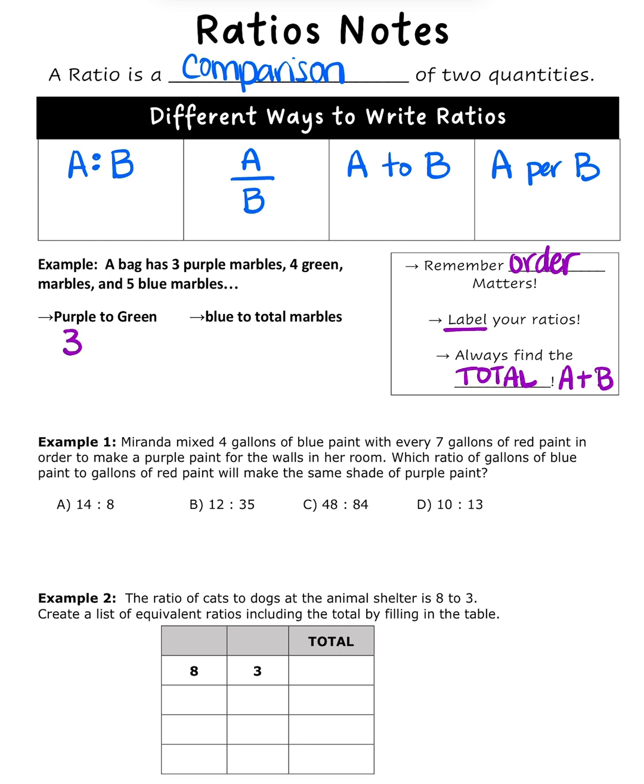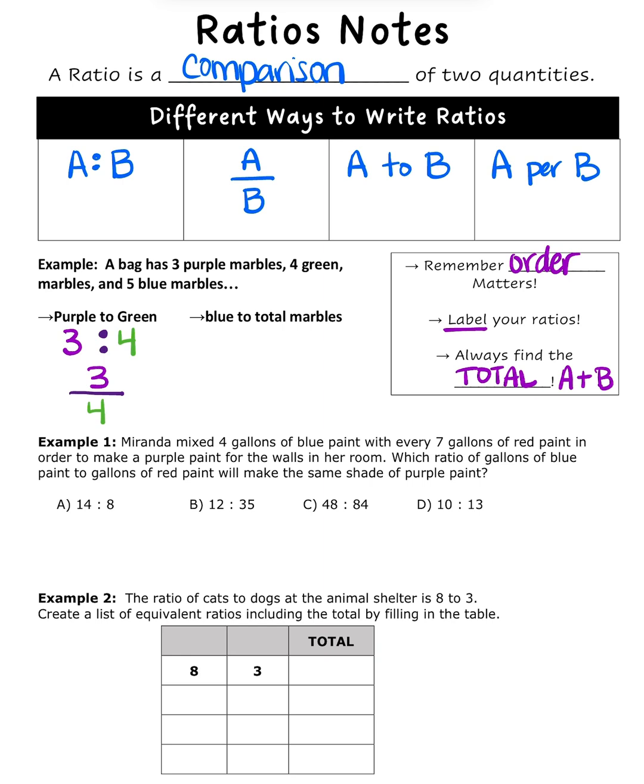And then in the middle, we have our colon. And then green was 4. Again, that is our most common way to see a ratio, but we might also see it like a fraction. So I could also write it with 3 to 4 that way.